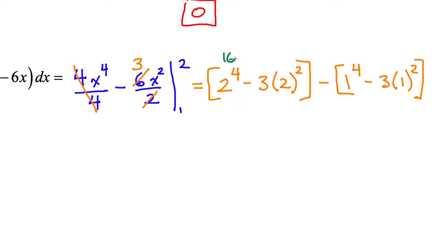So I can write a 16 up here to show my work. 2 times 2 is 4, so this is going to be minus 12. And this is going to be 1. I'm really just showing all my work anyway, aren't I? 1 minus 3. So my final answer, well, at least a step before my answer, is 4 minus negative 2, which is 4 plus 2. The answer is 6.